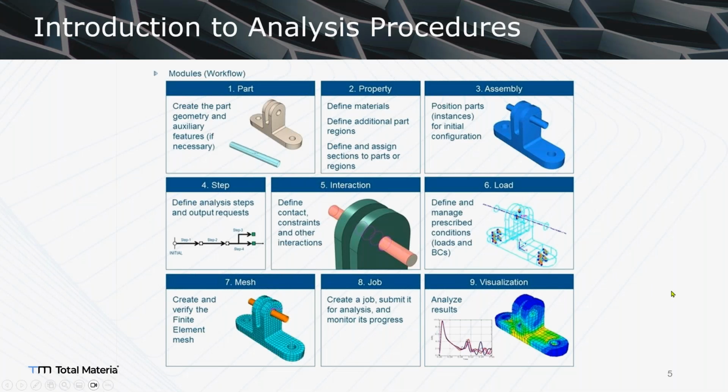What we have here is a workflow of analysis procedures. You begin with the part, property, assembly, some interactions, boundary conditions, mesh, and also the results. There are some steps you need to take into account.